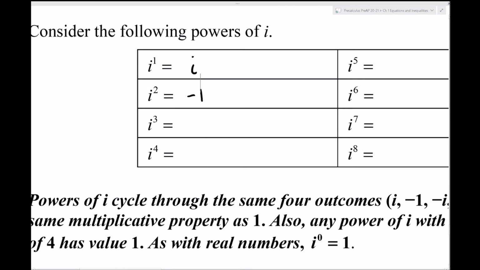i to the third power. i to the third power is the same as i times i times i, which we can group two of those together as i squared, and the next one i. And knowing this right away, we can come up with an expression for i cubed, or i to the third power. So that's i squared is negative 1 times the remaining i, negative i.